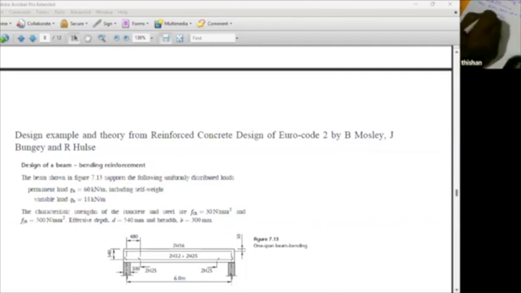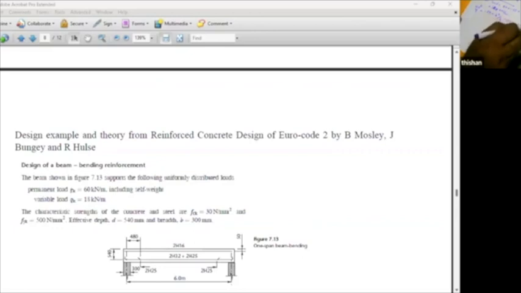All right, 108 kilonewtons per meter. Then you can get WL squared over 8. That is 108 into 6 squared divided by 8. The answer is 486.